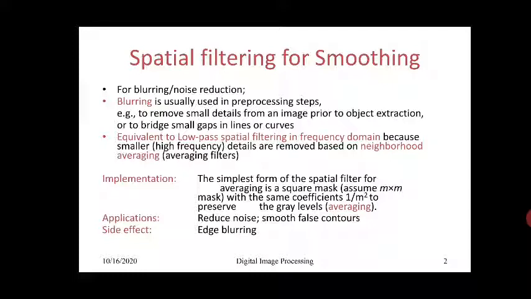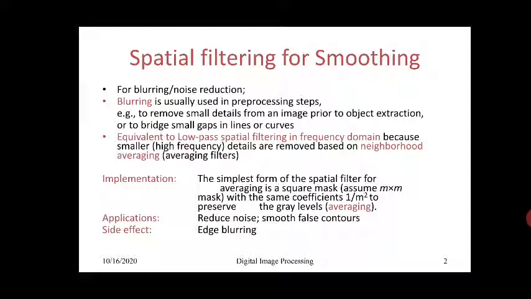In fact, it is a spatial filter operation. The purpose is image blurring. Sometimes it is required to blur the image for the purpose of operations and also to remove noise.